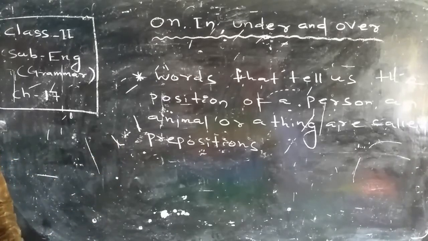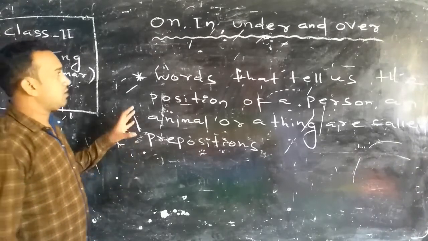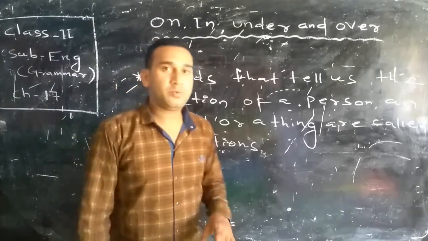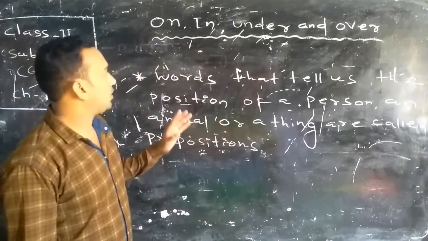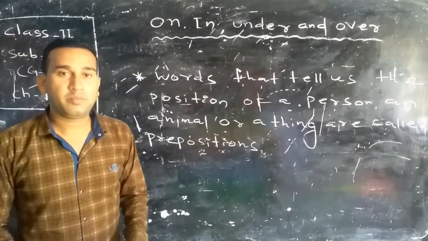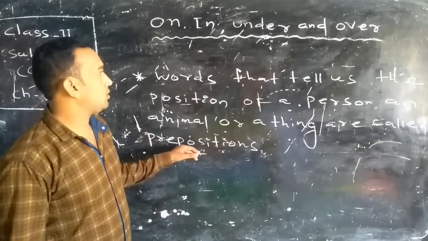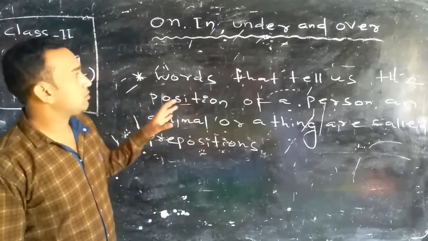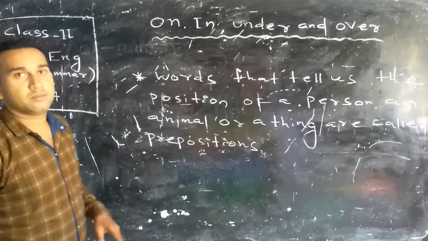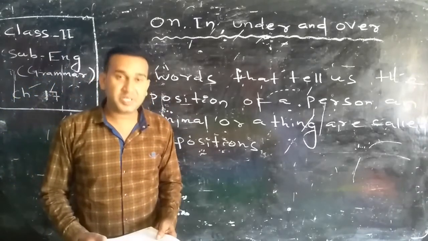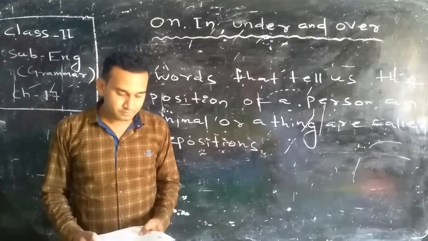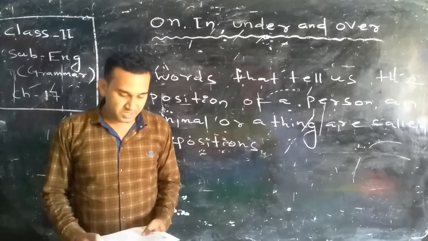So be ready and write all the question answers also. We do not have to write all the question answers, but for example, we have to know and just write on a blackboard. Okay. Then be ready. We have to write question answers.